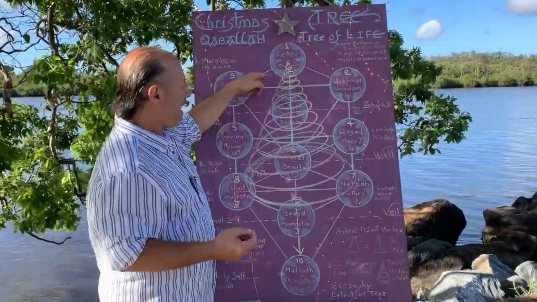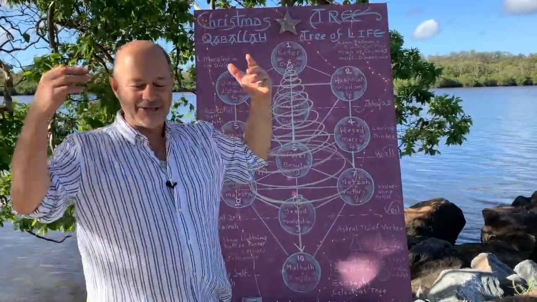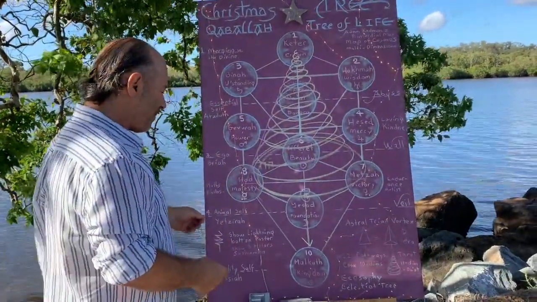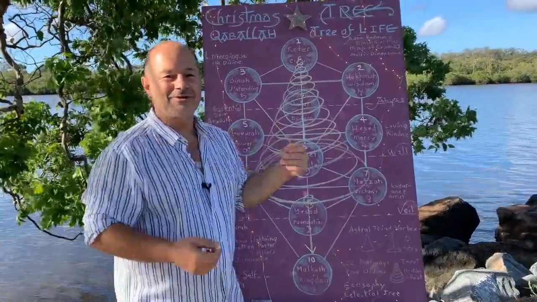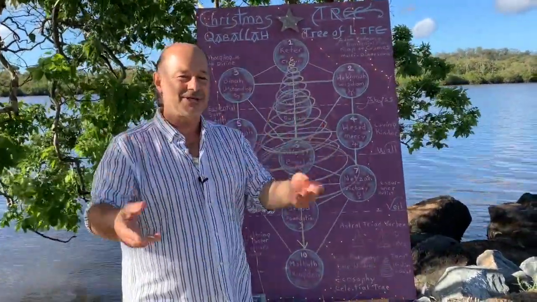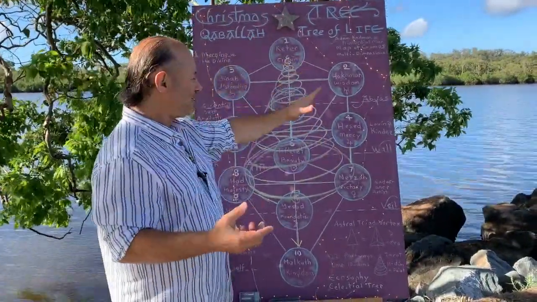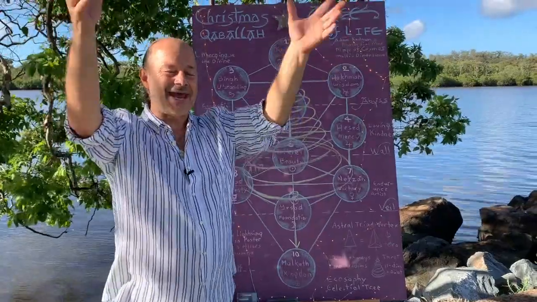We learn how to harness the energy that is in the field all the time, that is around us. That's why I like to talk about the Christmas tree, because in a way, by honouring this tree of knowledge and the tree of life, we recognise that this ancient knowledge is all without and within us.